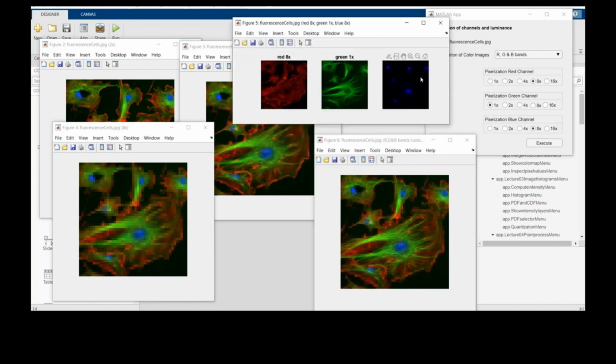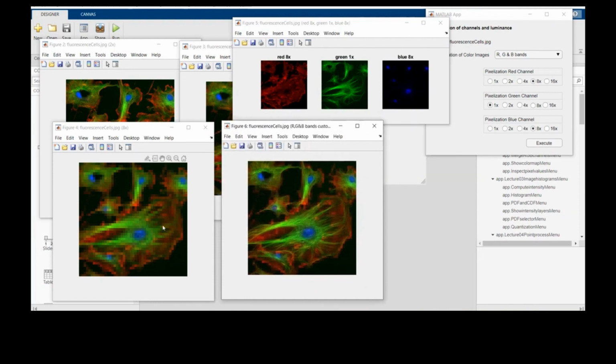So these are each one of the channels separated, and you see it is not as bad as this one. Right, the red channel, we can see the big pixels. Otherwise, the general appearance is much better than this one. So it is, again, this idea that we are much more sensitive to the green channel than to anything else.